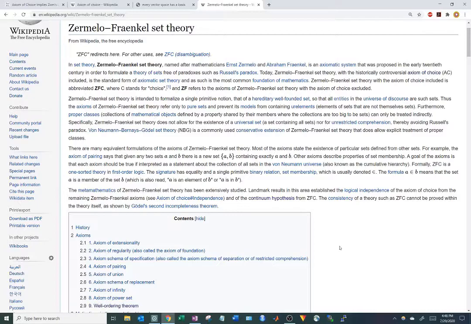It is independent of standard set theoretical assumptions. You can assume that it's true, you can assume that it isn't true, and you can do perfectly fine mathematics.